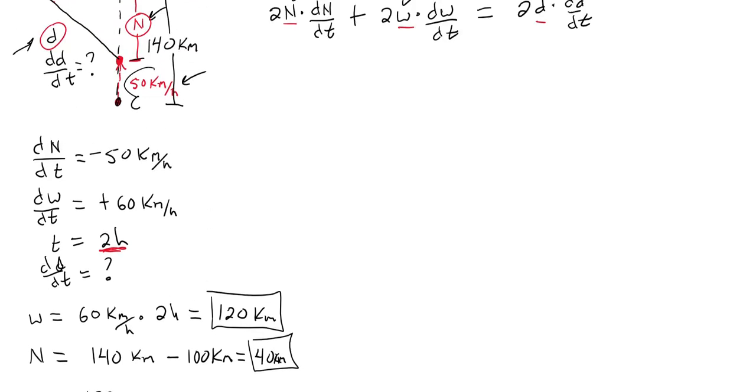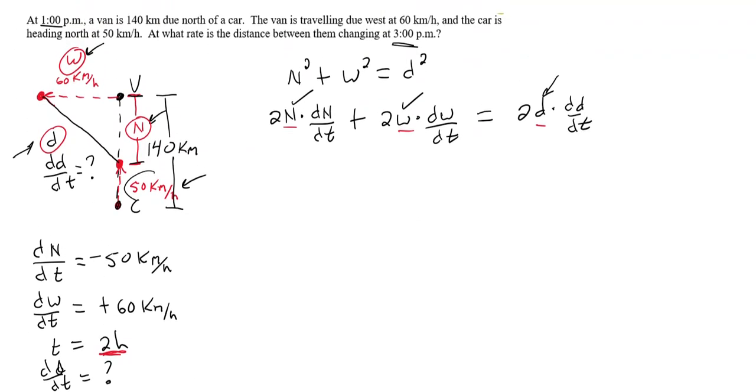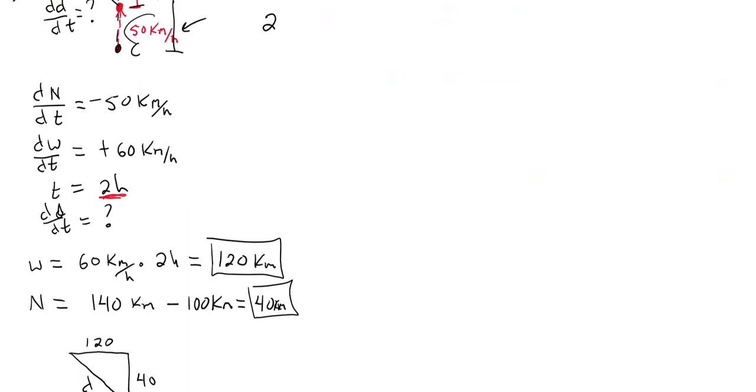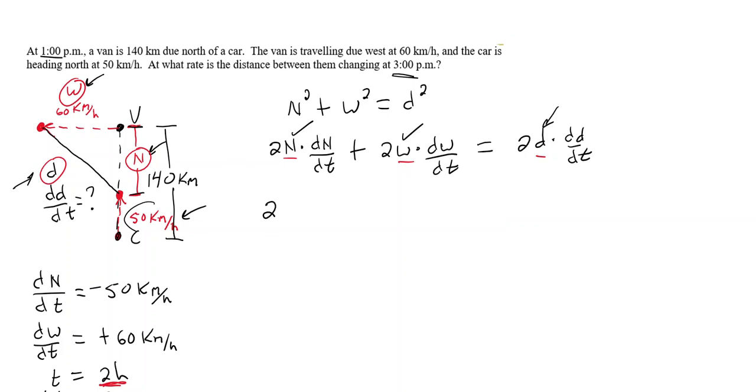So now we can plug in all the variables that we now know. So we have 2 times n, and n was 40. And then dn dt. Remember to put the negative in here as well, right? Because we were closing the gap. It's getting closer, so it's going to be negative 50.